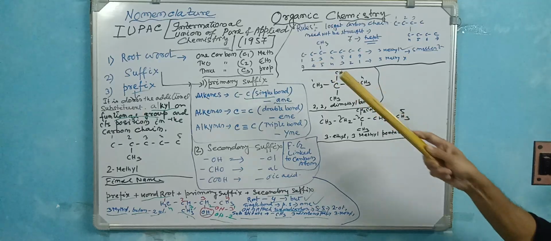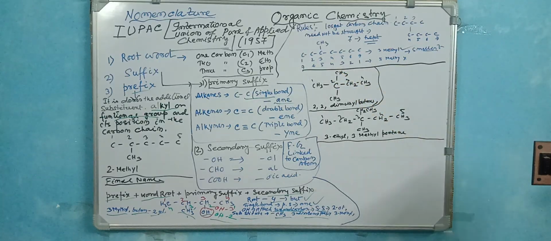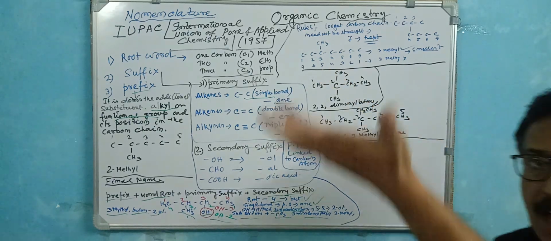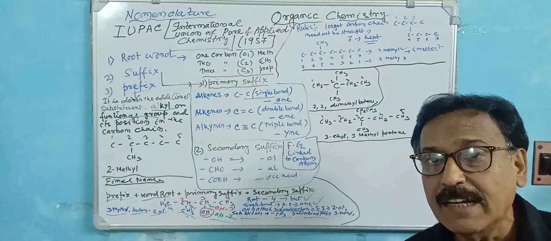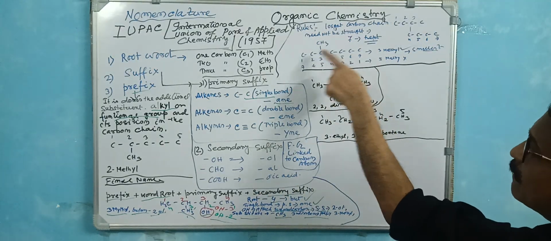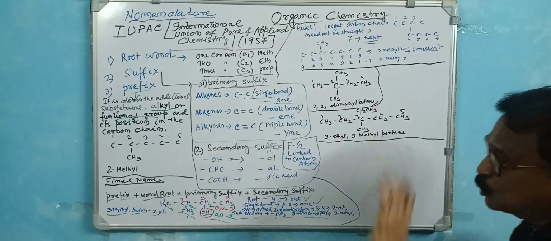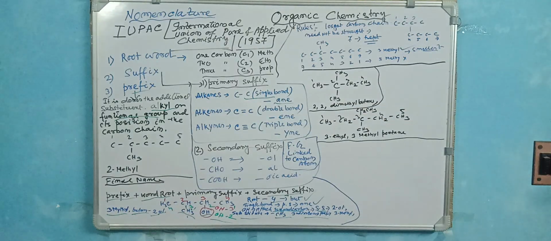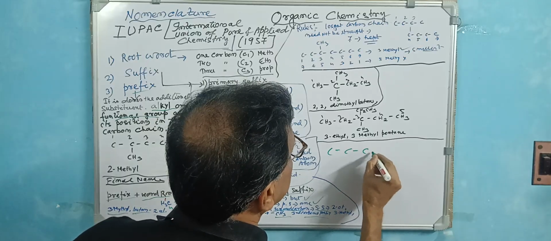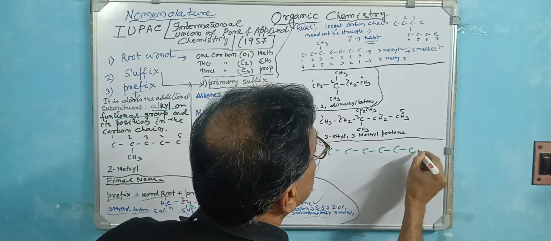So what is the right? Right is the 3-methyl heptane, not 5-methyl, because 5 is the upper. So you take the methyl group at the lower position. In that case, this is the third position. You take the numbering in this way, not in this way. So what is the right position? Here is C, 4, 5, 6, 7.